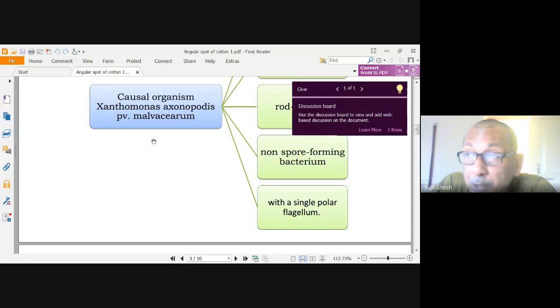You have to culture this bacteria in the laboratory by using a selective media. Whenever they get glucose, they make some mucopolysaccharide or exopolysaccharide. That is why it becomes glossy in appearance.